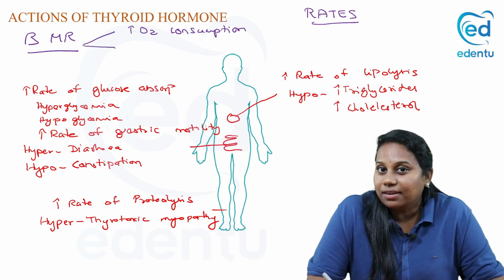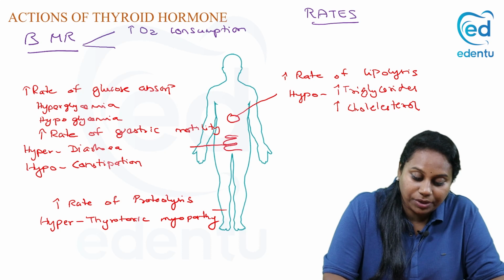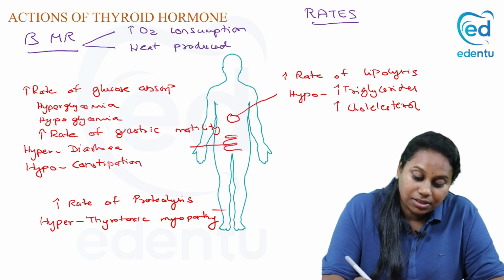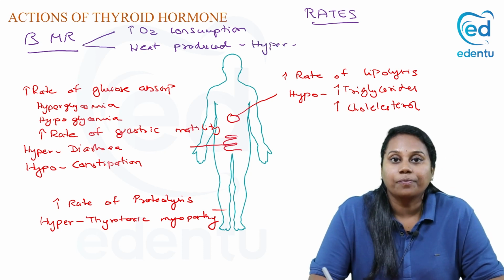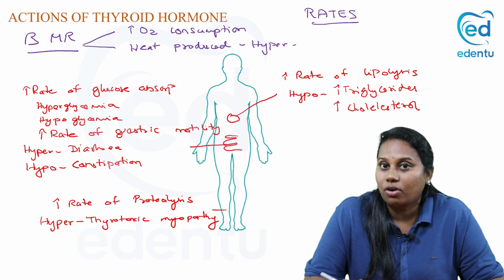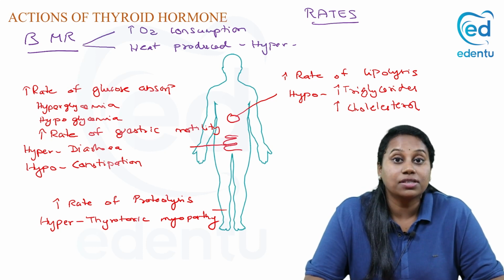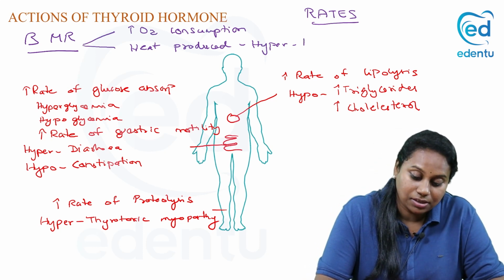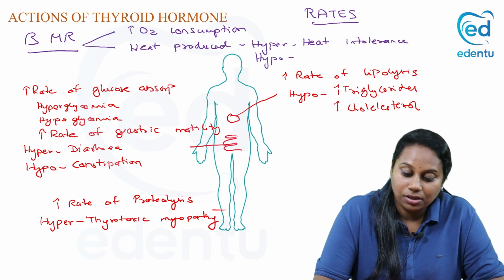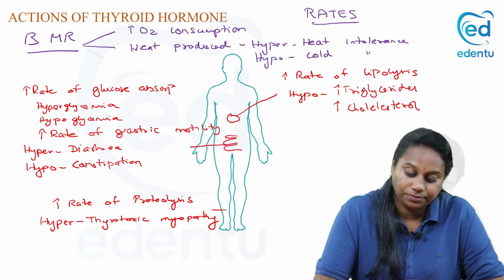When your metabolism increases, as a result there is increased heat production. So that is why hyperthyroid patients cannot tolerate heat, because already there is more heat produced in the body. That is called heat intolerance. One of the important clinical features of hyperthyroidism, heat intolerance. And hypothyroid patients, cold intolerance.